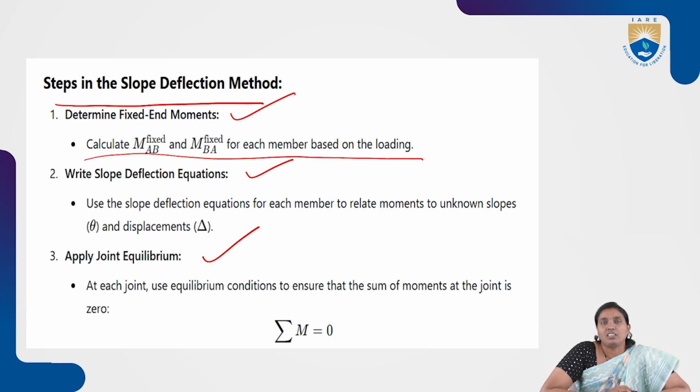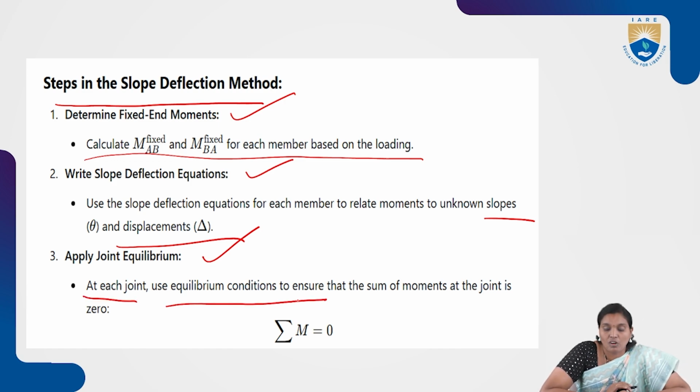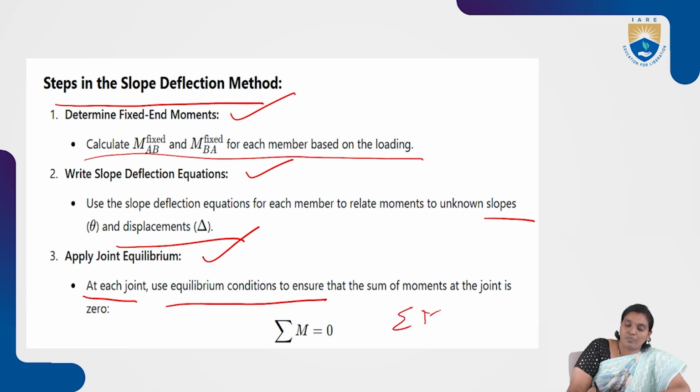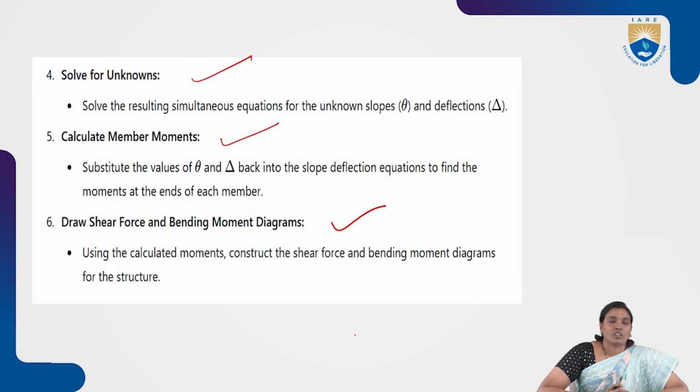Write slope deflection equations. Already we understand. Based on that, we are going to write these slope deflection equations using the slopes and displacements. After that, at a joint, use equilibrium conditions to ensure that the sum of the moments at the joint is 0, that is, sigma M is equal to 0. Solve unknowns. What are the various unknowns involved?